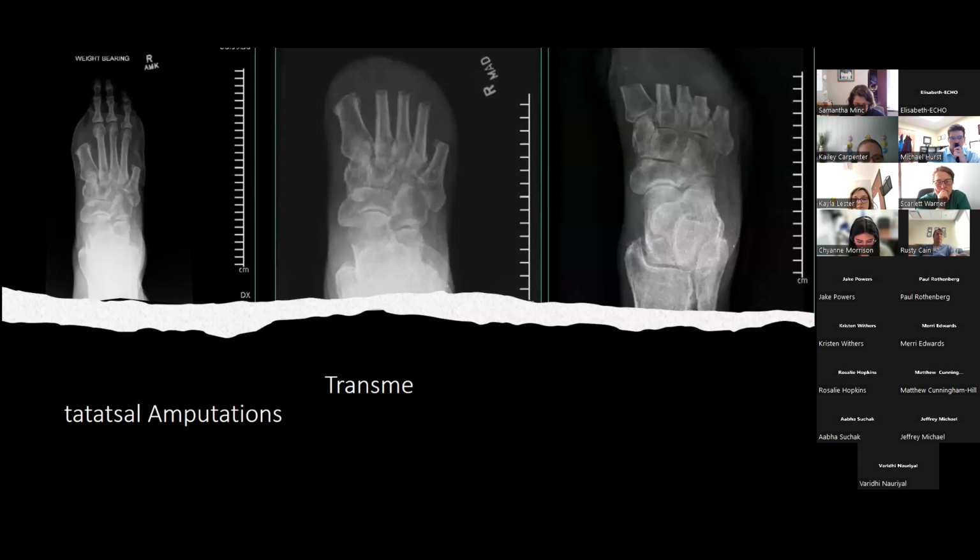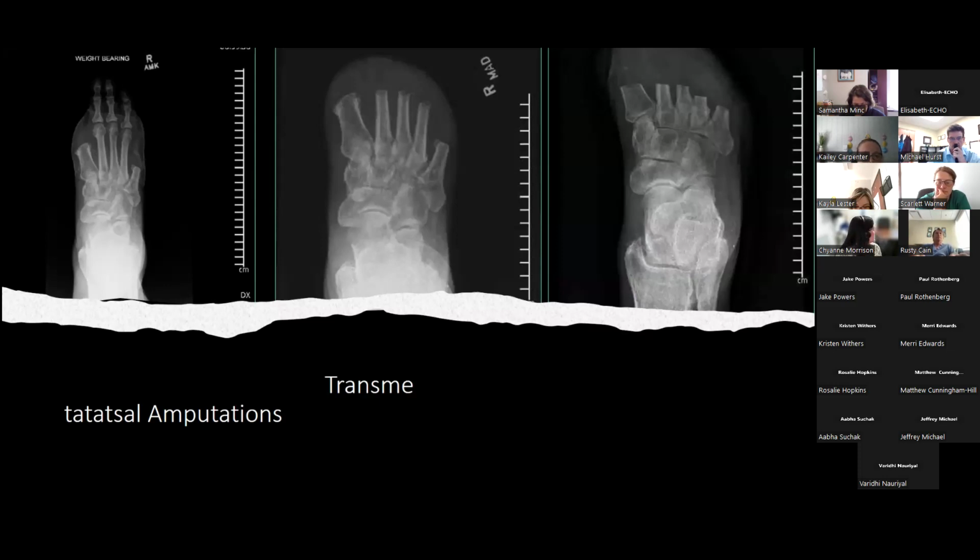In his case, when we did the transmetatarsal amputation, he's pretty non-compliant, and sometimes these TMA sites can be difficult to heal. He ended up with further infection within that fourth metatarsal.